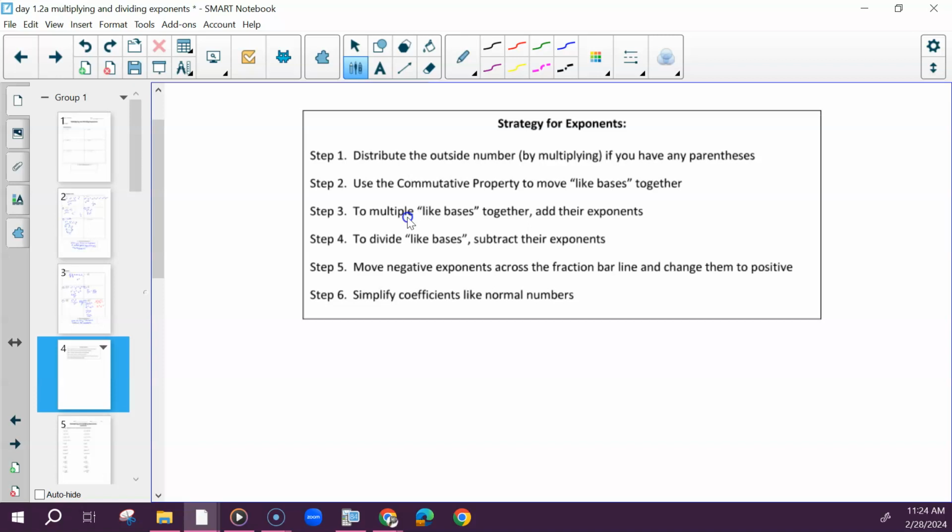If you see like bases and you're dividing, subtract the exponents. If you see negative exponents, move them from either the top to the bottom or vice versa. And if you have coefficients with just numbers, 2 to the 4th, negative 3 to the 3rd, whatever that is, actually simplify those. And it doesn't say this, but anything to the 0 power is 1.